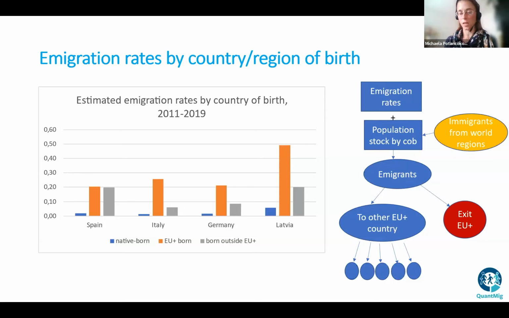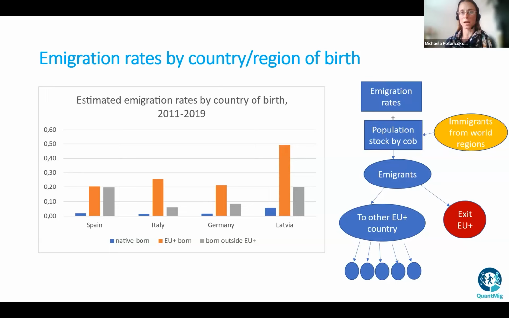So we collected additional data where they existed on migration, not only by country of birth and destination, but also from the origins and according to different countries of birth, to different destinations, so non-EU or EU, because we need to know also whether these people stay moving within our European system, within our model, or they exit the EU, right?